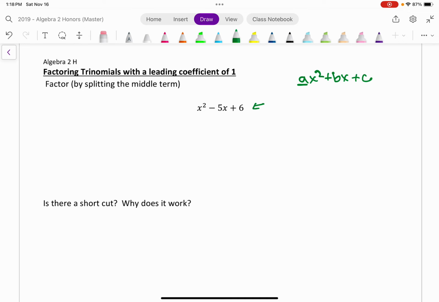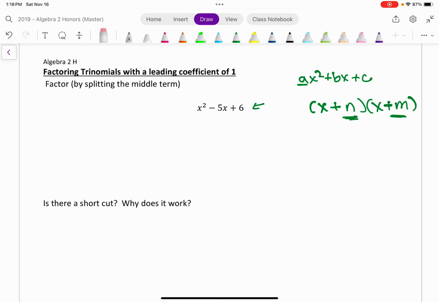And those two factors are going to be essentially the two numbers that we put in, for example, x minus n times x minus m. Those two factors, the m and the n, would be factors of the positive 6, for example.